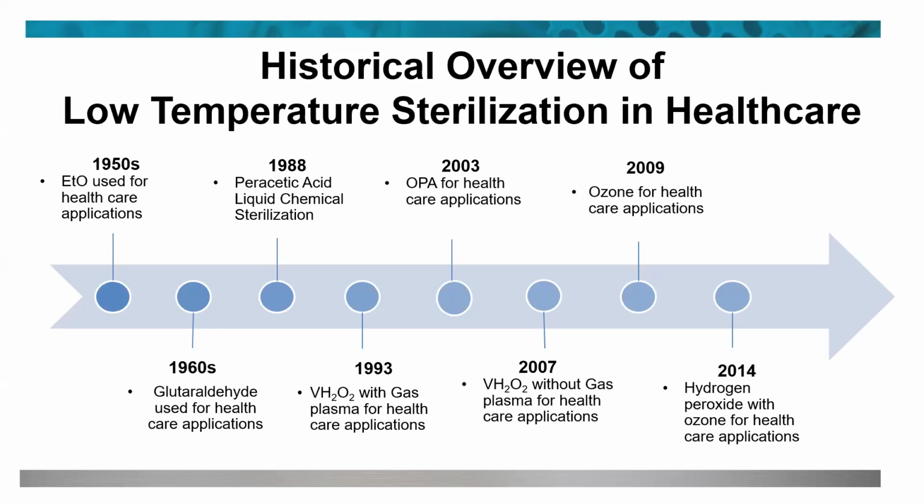2009, we start hearing about ozone became available for healthcare. Ozone was recognized for its sterilization power of water systems, and the aggressive nature of the ozone limited material compatibility. In 2014, it was combined with hydrogen peroxide to create a new sterilization process.